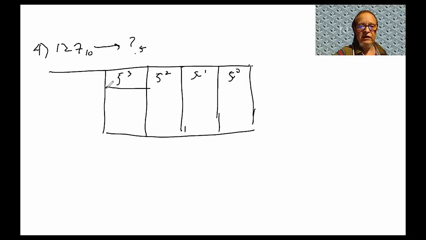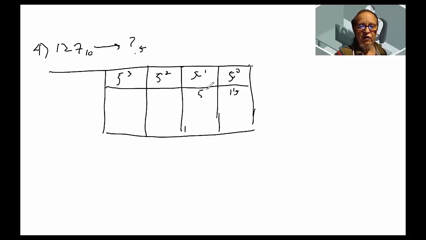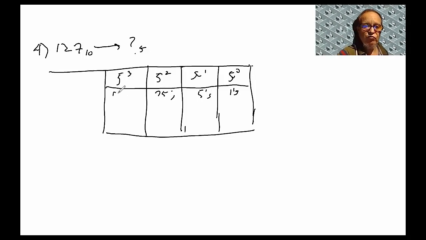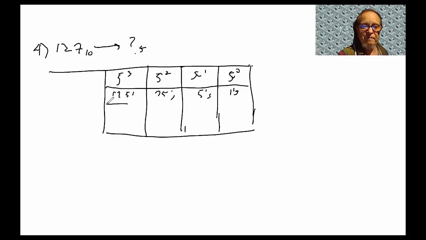And as I was saying, 5 to the 0 is our 1's place. 5 to the 1 is our 5's place. 5 squared is our 25's place. And 5 cubed is our 125's place.